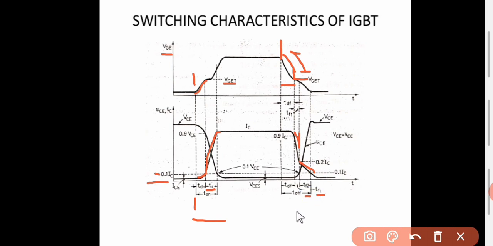So the total time required to turn off the device is the summation of TDF, TF1 and TF2.